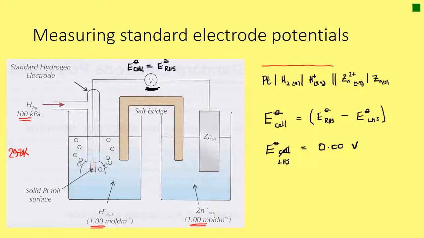So when we set the equipment up like this, and because we define the hydrogen electrode as 0, the voltage reading does give you the electrode potential of, in this case, the zinc half cell, and that reading could be positive or negative depending on which way the electrons flow.